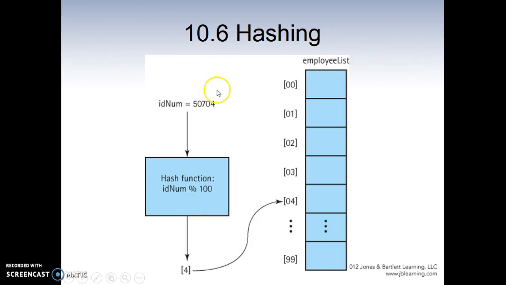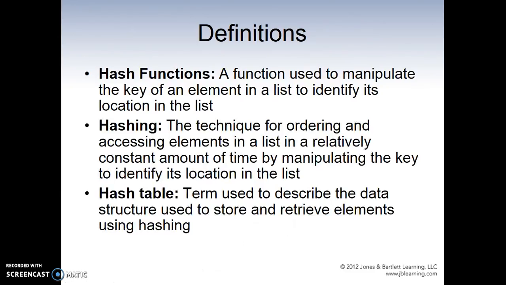Now you get the index as 4, right? Index 4, you map to 4. So the data of this person can be found or accessed in that location right away. This is just a temp employee list holding all the employees whose IDs end with 04. So that's the technique of hashing.